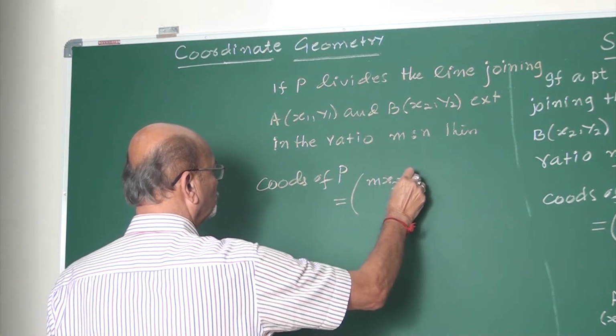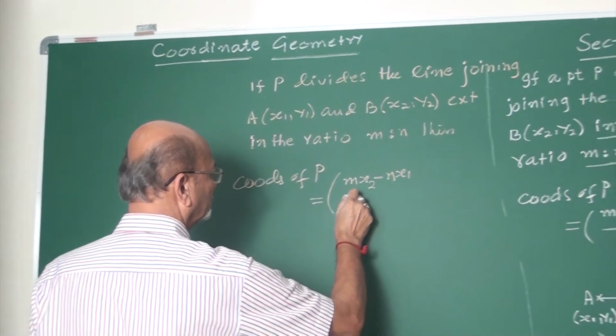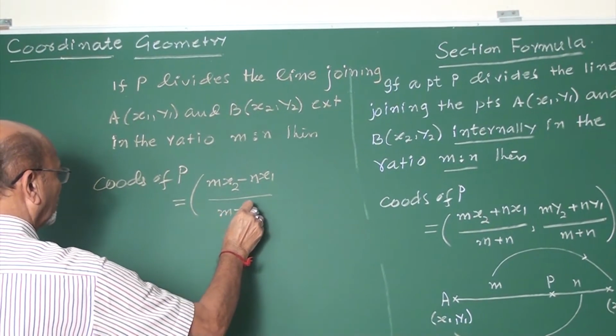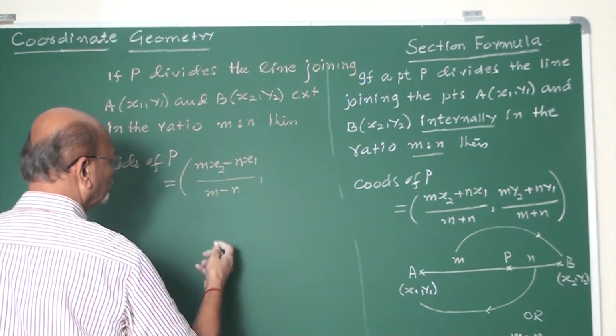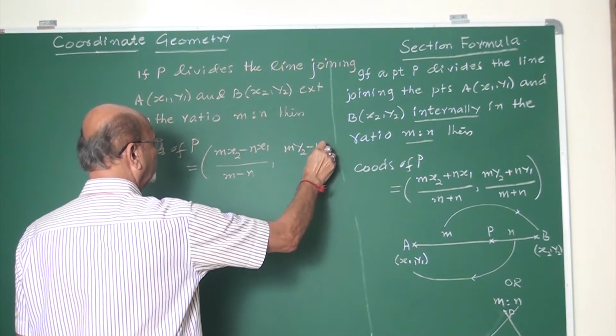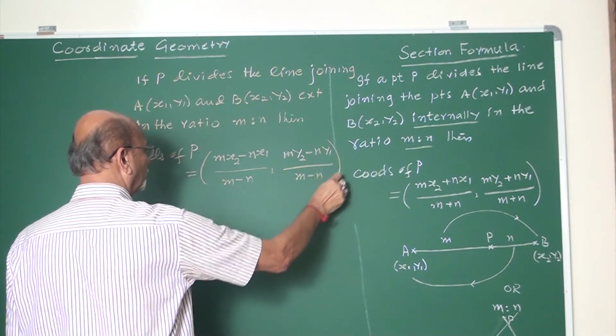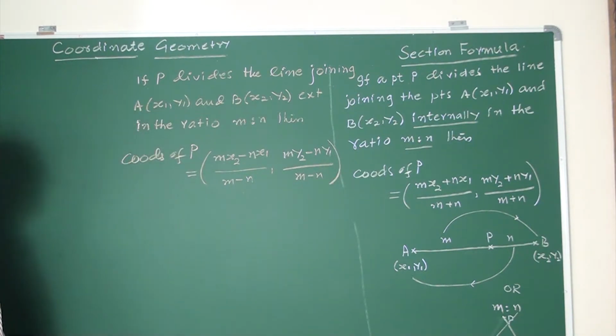It is mx2 minus nx1, the plus sign is minus here, upon m minus n. Same, instead of x it is y2 and y1: my2 minus ny1 upon m minus n. This is for the external division.